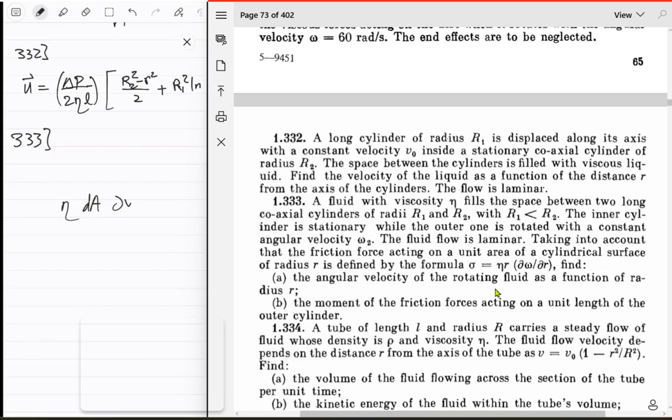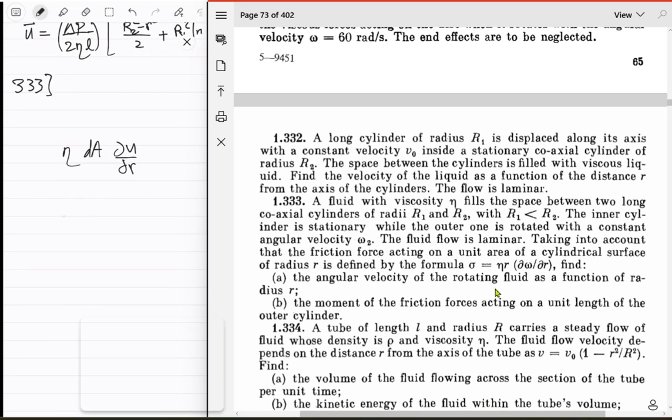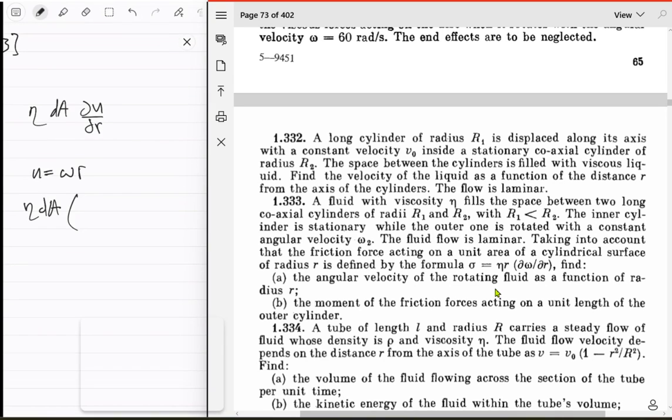Then you want partial u upon partial r, right? But then remember that u is just omega r, so then you want partial upon partial r of omega r, which is times dA, and this is kind of weird. Are we sure this actually is going to work or not? Doesn't look promising to me.